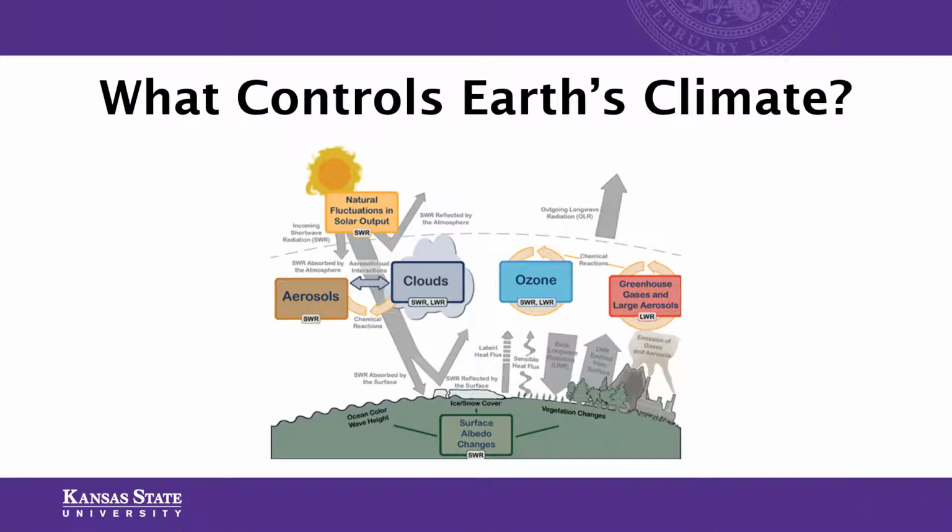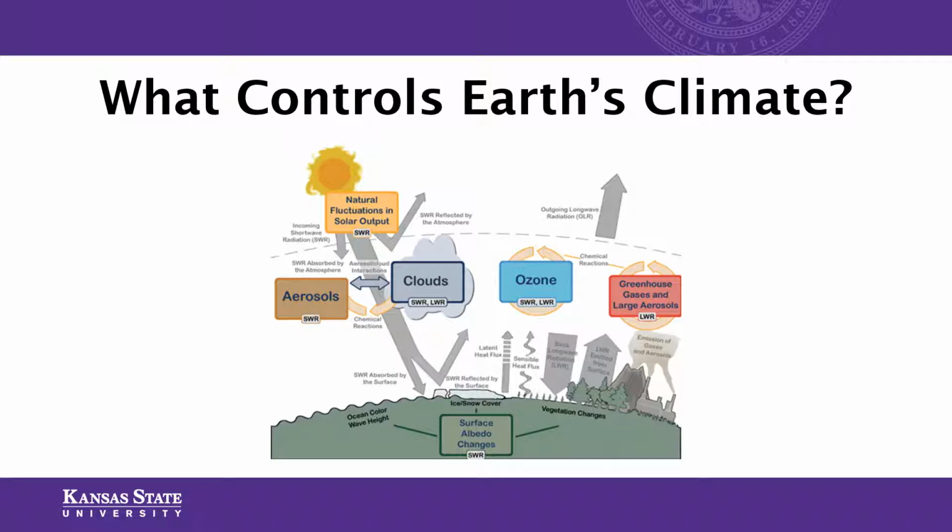Okay, so what controls our Earth's climate? Now, I'm pretty confident that at one point in time, you have learned this information, either in middle school or in high school, where you probably took some earth science courses.